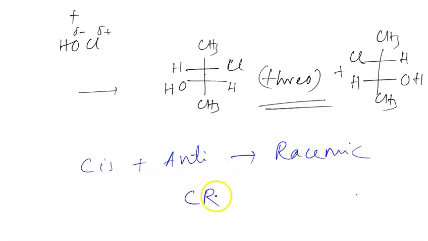So this is abbreviated as CAR, C-A-R. So cis alkene on anti addition gives a racemic product if the reagent is symmetrical. Remember, if the reagent is symmetrical.